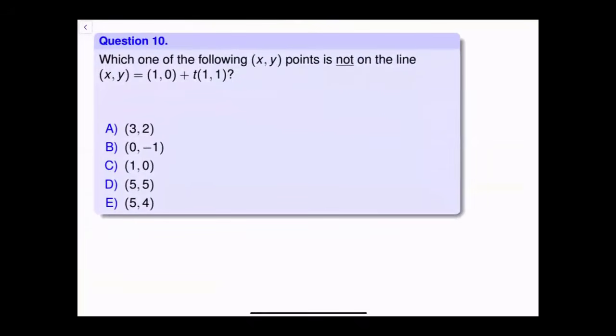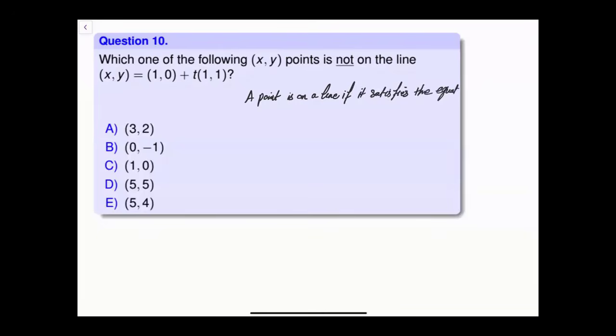Which one of the following xy points is not on the line? Remember that a point xy is on the line if it satisfies the equation.